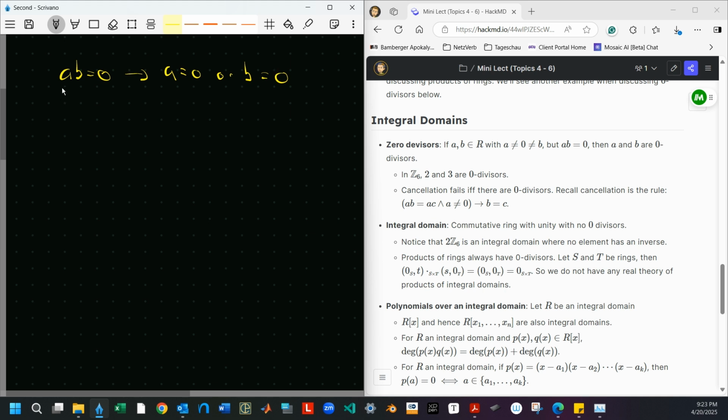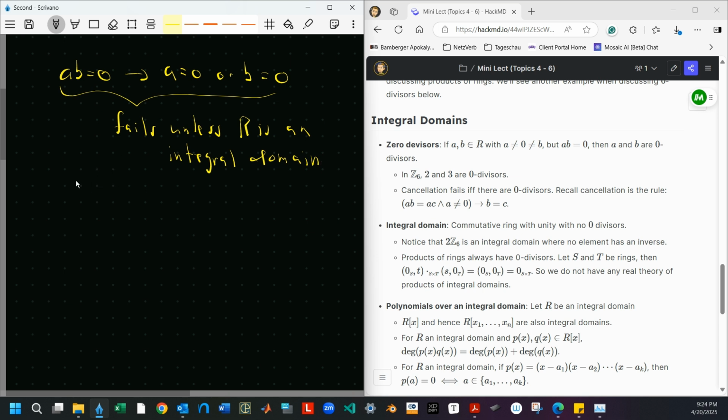But this fails unless R is an integral domain. So that's the main thing, right? And we use this all the time, like for factoring polynomials and stuff.